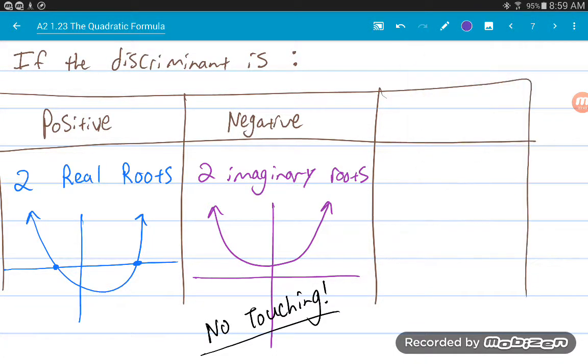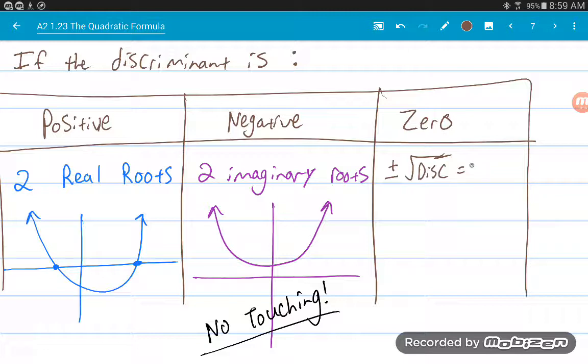The last option is that we could have the discriminant equal to 0. If the discriminant is equal to 0, we don't have two separate roots. Remember that the formula has plus or minus the square root of the discriminant, right?